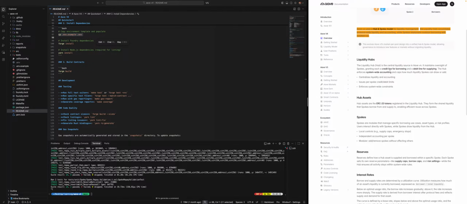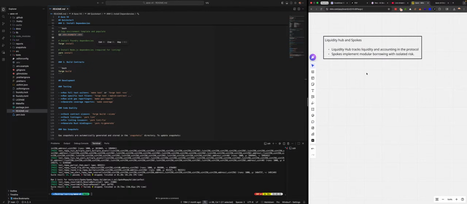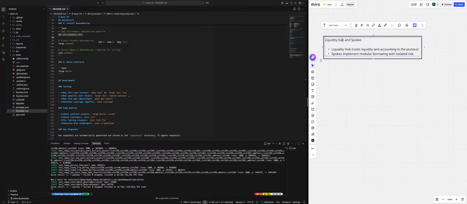Credit line is basically how much borrowing is allowed, or the cap for supplying in a particular spoke. The hub enforces system-wide accounting and caps how much liquidity. It centralizes liquidity and accounting, issues per-spoke credit and debit limits, and enforces system-wide constraints. Yeah, this is good info.